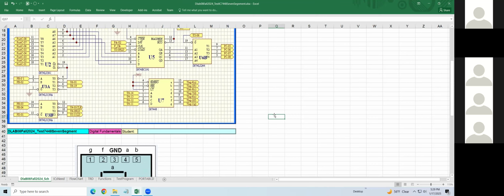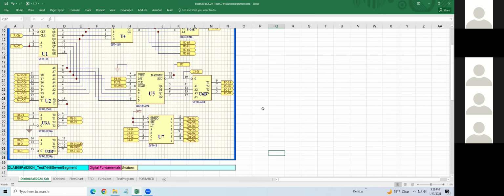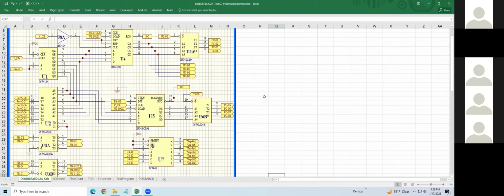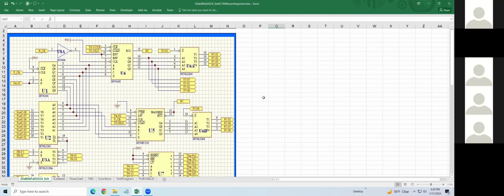That's a manual program, and that program is already there for you. So basically some students have already done test number 8.